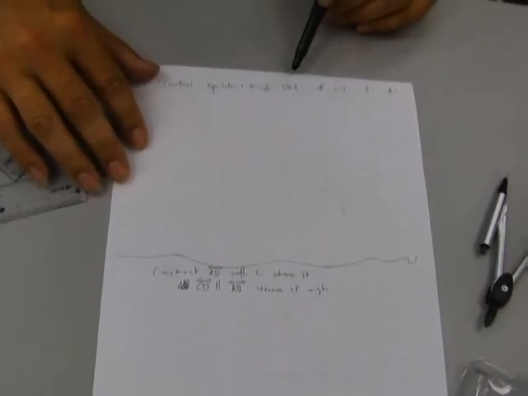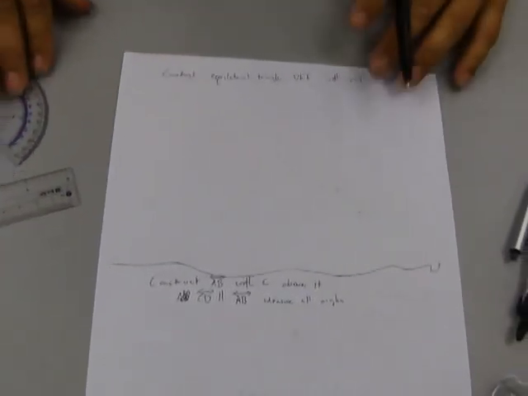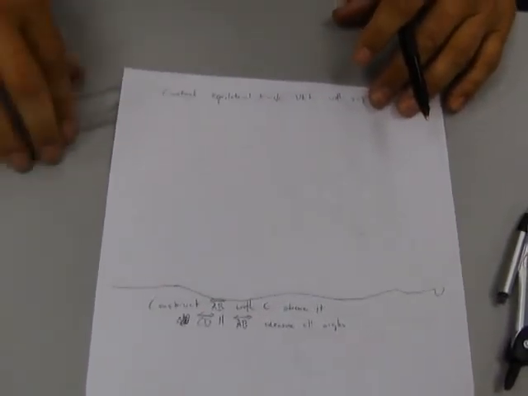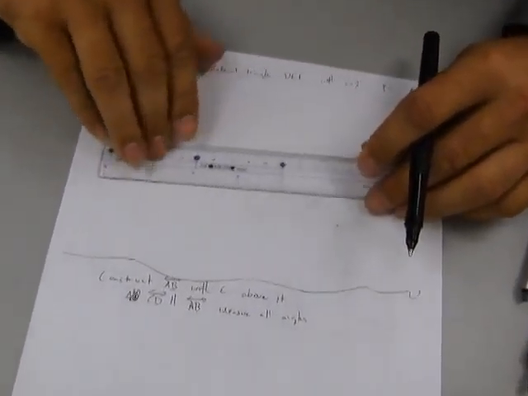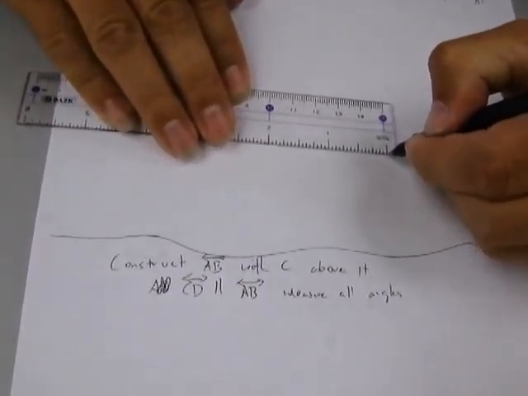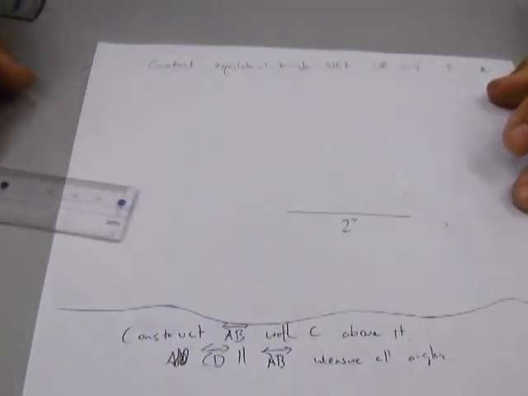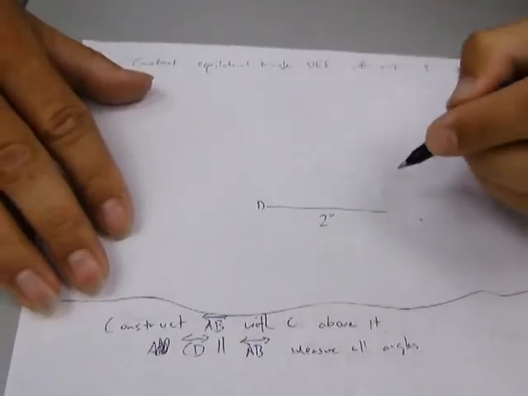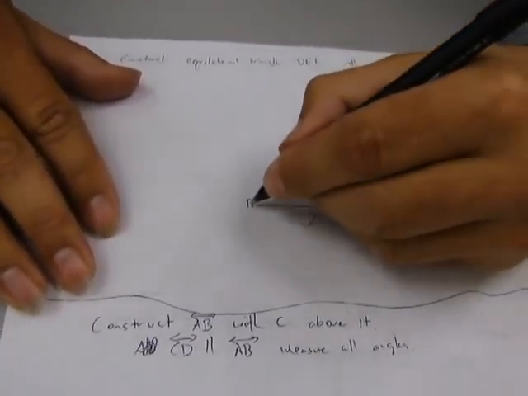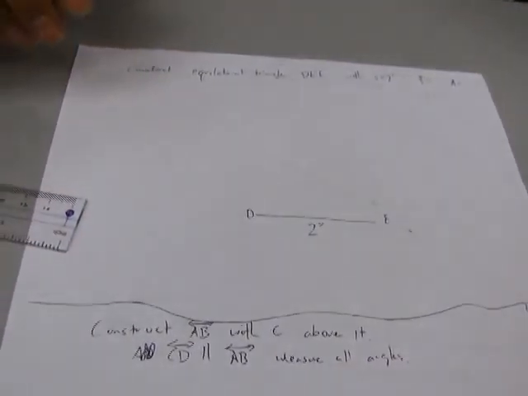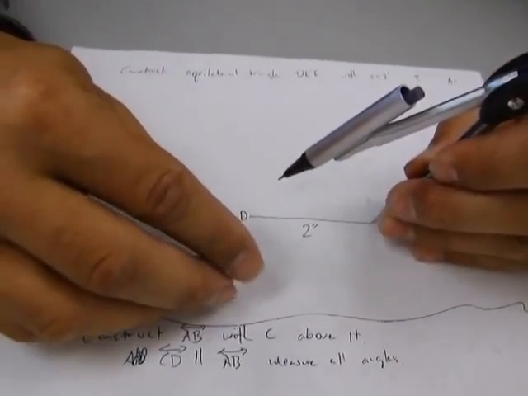Construct equilateral triangle DEF with S equals 2 inches. Okay, so if S equals 2 inches, I'm going to first construct a segment. It's going to be 2 inches. If it's DEF, I guess this can be D, this can be E, and F is the one that we have to construct. So, step 1, tip on endpoint.